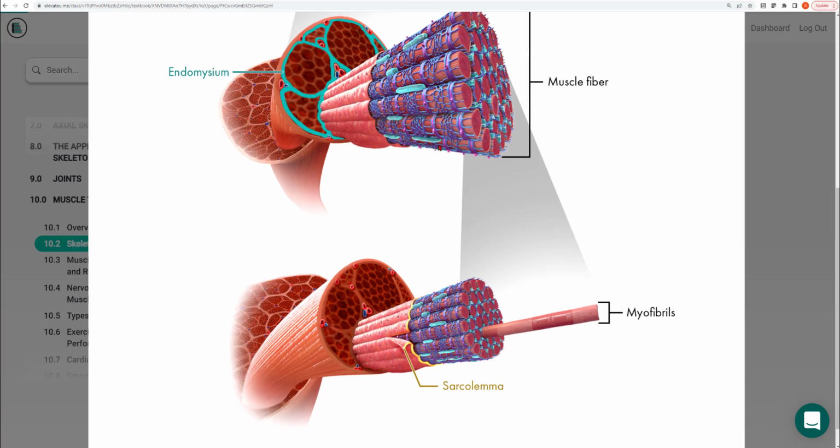We'll see this in a minute. The sarcoplasmic reticulum is important in storing calcium. Remember, I told you that muscle cells need calcium. In fact, they need so much calcium that they have these specialized organelles that store that calcium for the muscle cells. So this is what the inside of a muscle cell looks like.